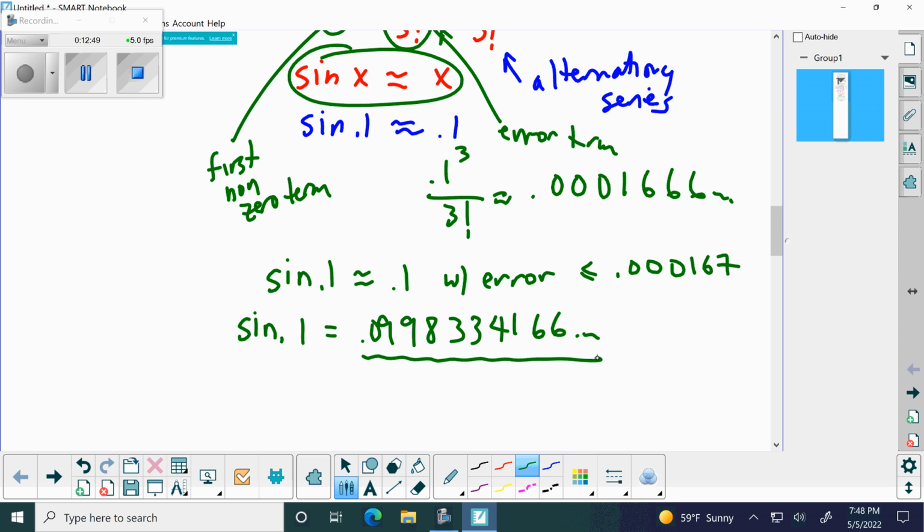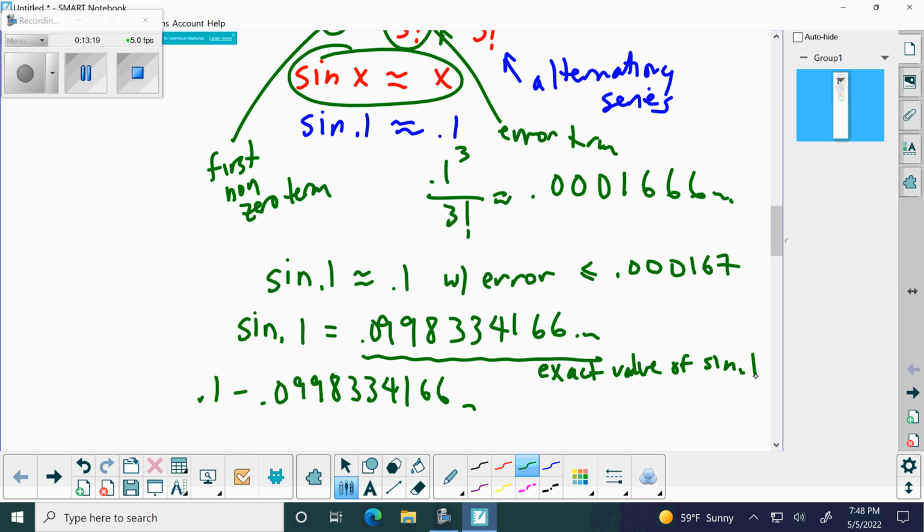So I'm approximating sine of 0.1 by 0.1. So what is 0.1 minus 0.0998334166? This represents the exact value, if you continued on the decimal approximation, the exact value of sine 0.1.